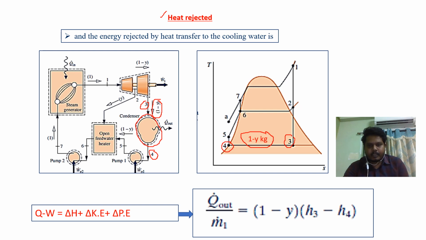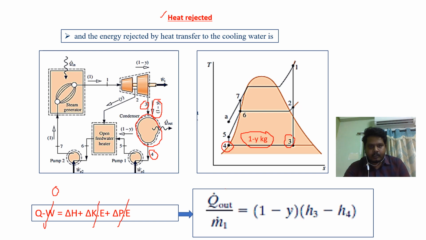So here also if you apply the first law to the condenser, Q minus W equals delta H plus kinetic energy plus potential energy. In the condenser there will be no work, so the term work equals 0, and generally we neglect kinetic energy and potential energy. So the remaining term is Q equals delta H.